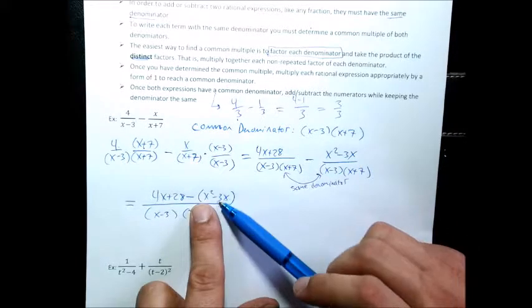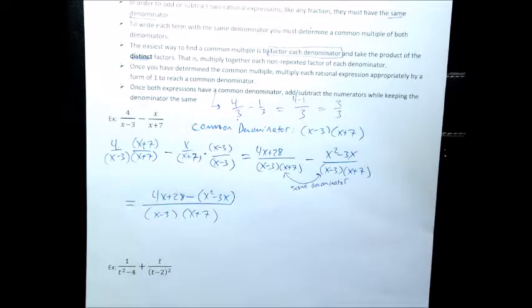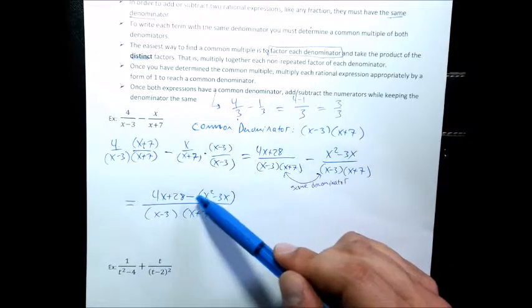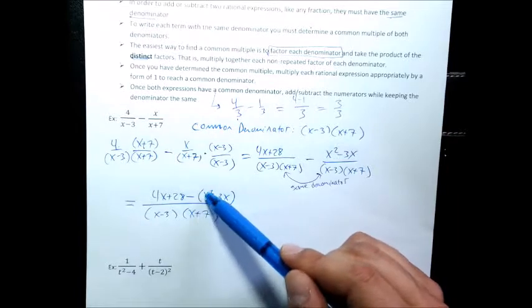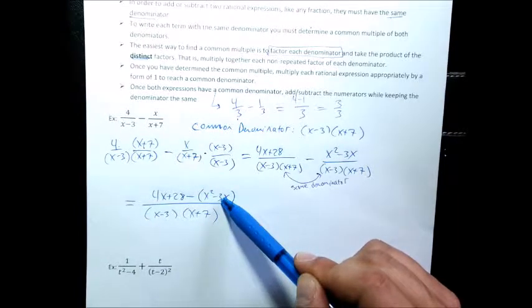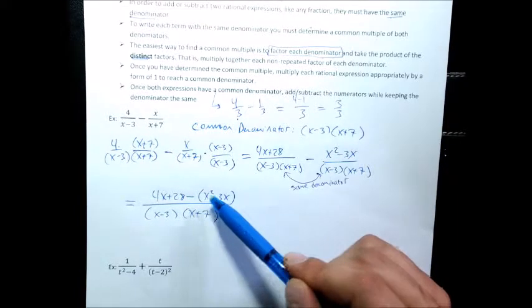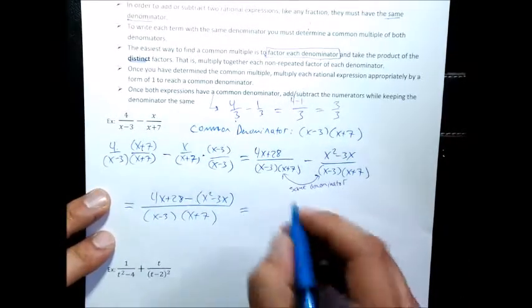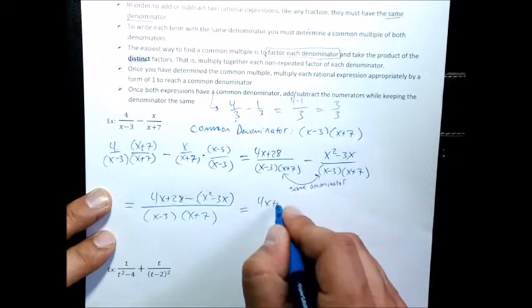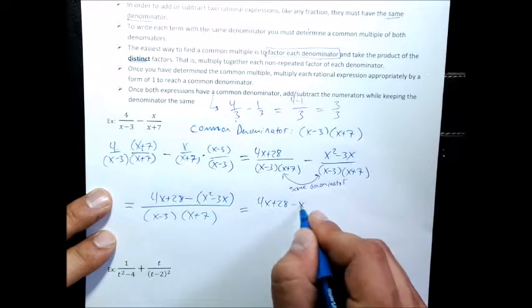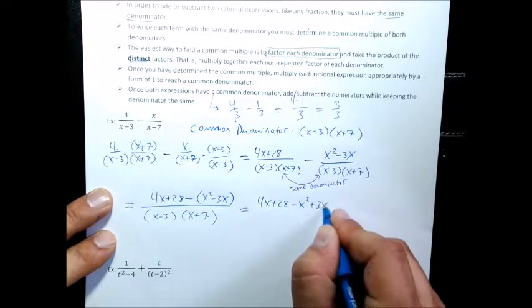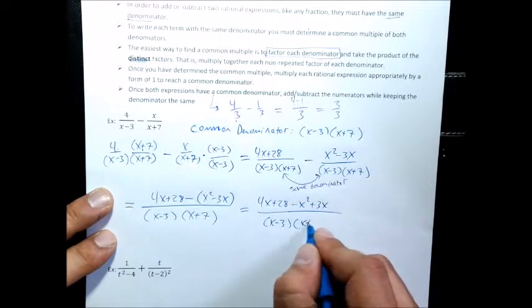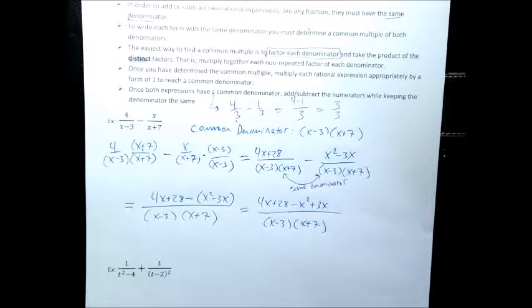And you can see that here, right? Because now we can distribute this minus sign. We can take this minus sign and send it through this parenthesis, and we'll switch both the signs. It'll become a minus x squared plus 3x. Right, and so we'll get 4x plus 28 minus x squared plus 3x. And then we can finish it off by just simplifying things, right?